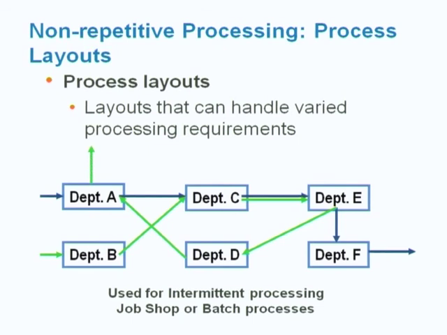So it passes different departments, and we can create another product. Then the blue color has another route. So we can produce another product. That means the layout can handle varied processing requirements, meaning we can have many routes, many paths. So we can produce a variety of products.